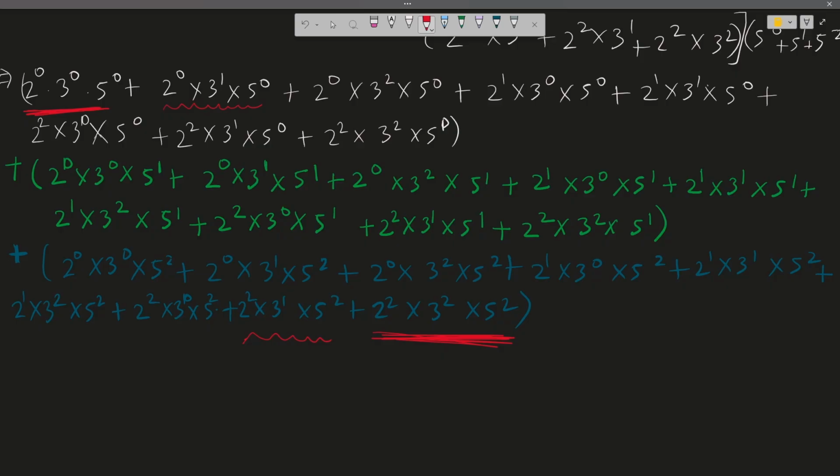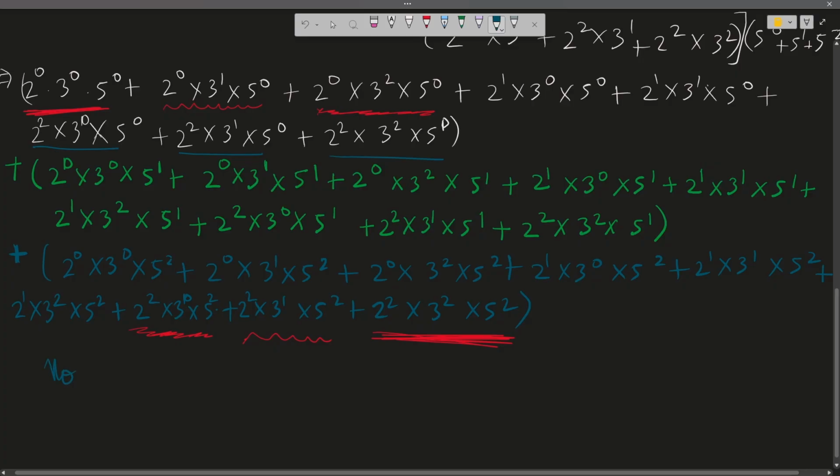So when the third number is multiplied by the third last number, again we will get the composite number. Okay, so this process continues.